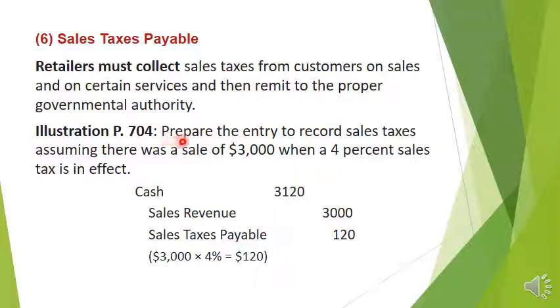Example: prepare the entry to record sales taxes, assuming there was a sale of 3,000 when a 4% sales tax is in effect. Debit cash 3,120. هنا أنا بستلم رقم المبيعات بالإضافة إلى الضريبة 4%. السيلز ريفينيو 3,000. السيلز تاكس بيبل 120 اللي هي بتمثل 4%.